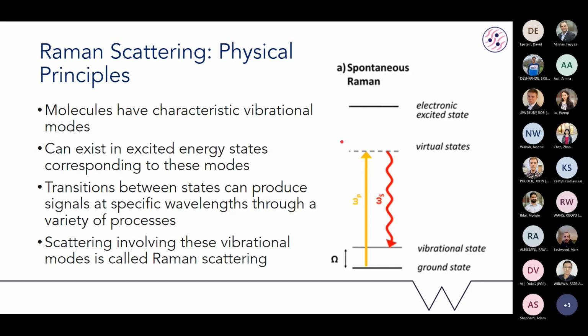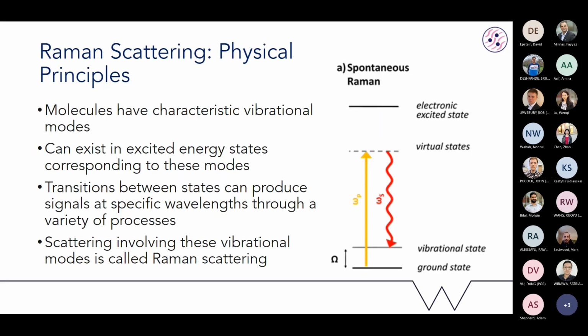That's called Rayleigh scattering. But sometimes it will fall down instead of to the ground state to the vibrational state. So you'll get a signal at this particular frequency, which is characteristic of this vibrational state. And this is called Raman scattering.